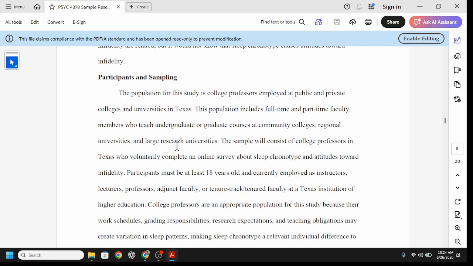It doesn't matter. I want to get a sample that's going to consist of those college professors, and they're going to voluntarily participate. To answer that online survey, they need to be at least 18 years old and currently employed as an instructor, a lecturer, a professor, adjunct faculty, or tenure-track faculty at a Texas institution of higher learning.